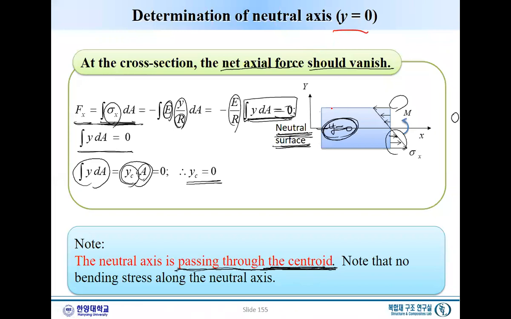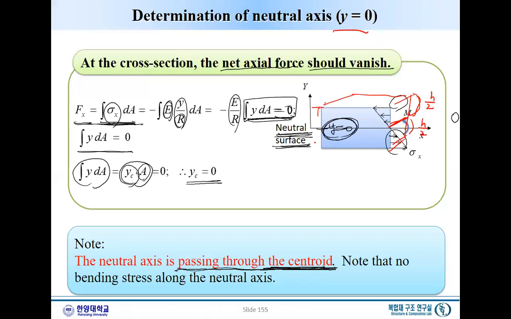Well, for a rectangular cross section like this, it is very easy to decide. This will be just the center. This will be half h, and this will be another half h.